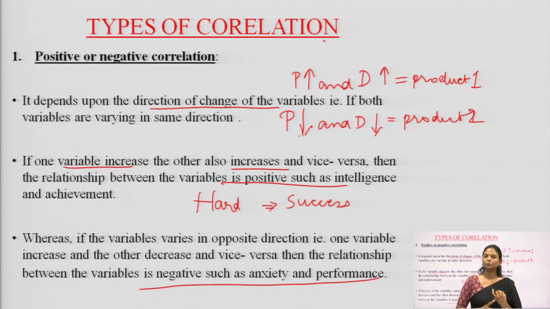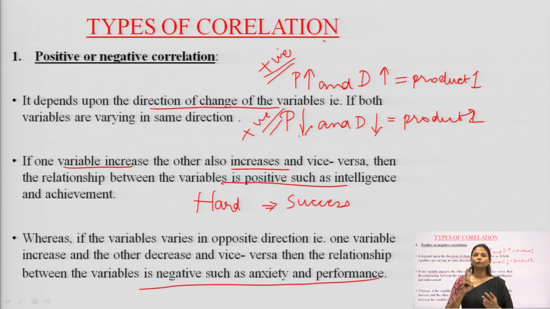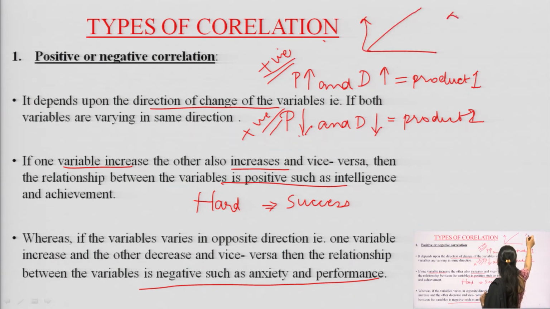One is positive correlation, where the direction of the change of both the variables is in the same direction, might be increasing or might be decreasing. When the price is increasing and the demand is also increasing, this is called a positive correlation, or when the price is decreasing and the demand is also decreasing, it is also a positive correlation. Why? Because the direction of the change of these two variables is the same, might be positive or might be negative.